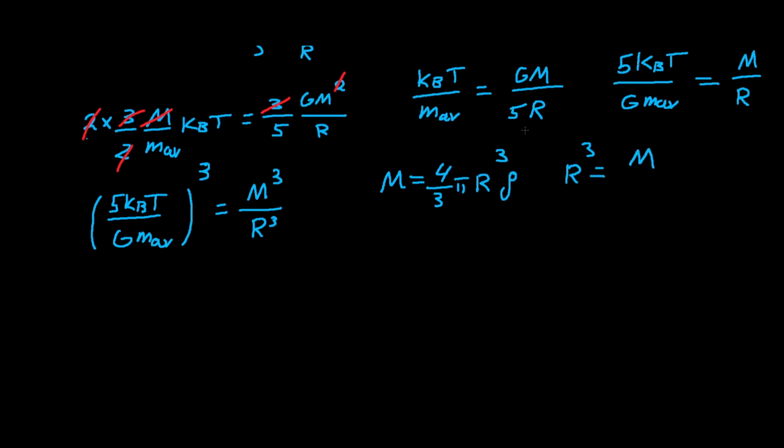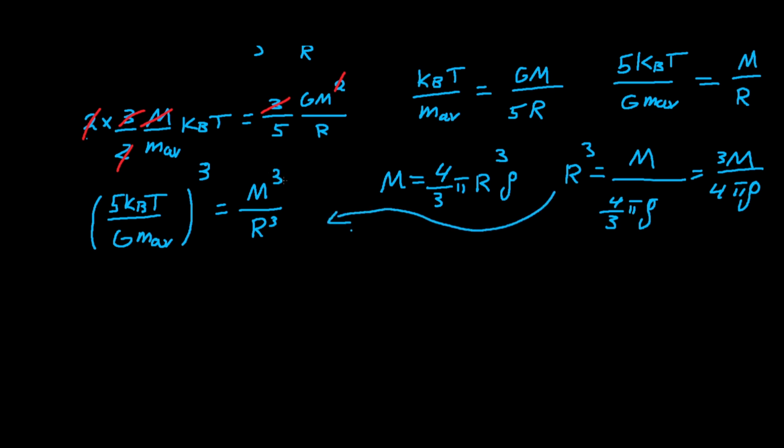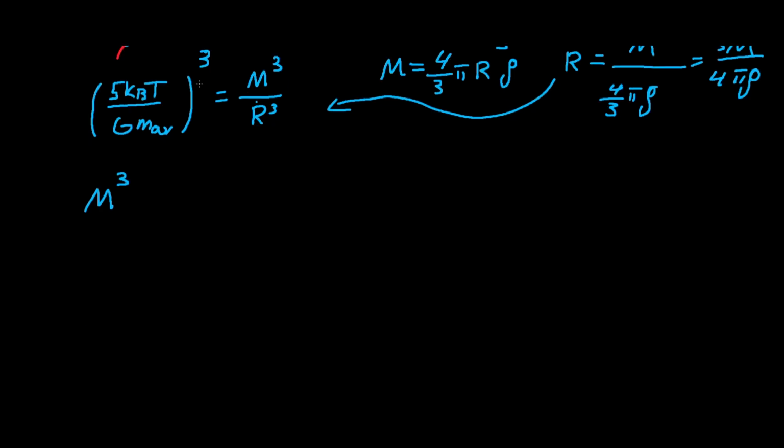This is equal to M over 4/3 pi rho. This is 3M over 4 pi rho. You substitute this in here. We can just swap sides.